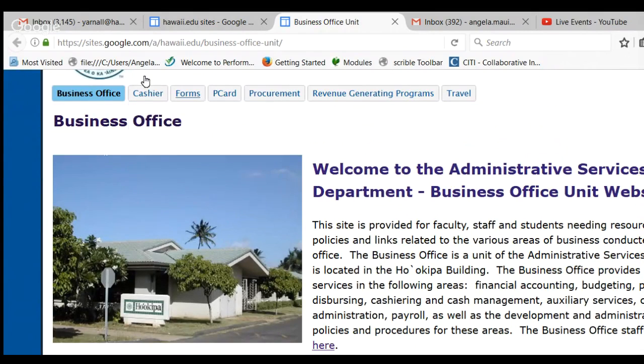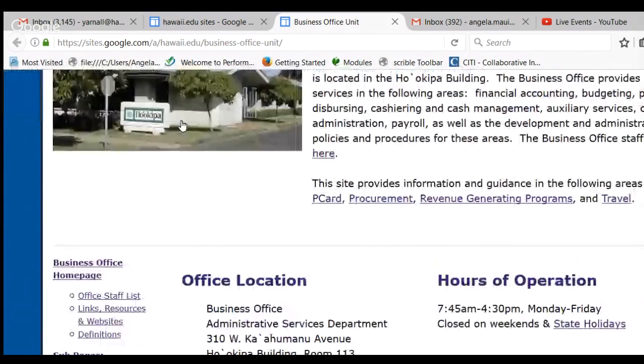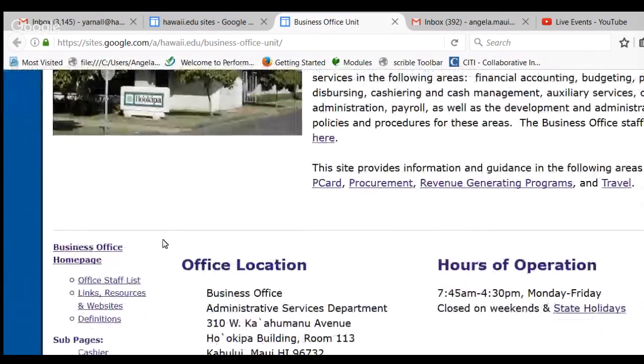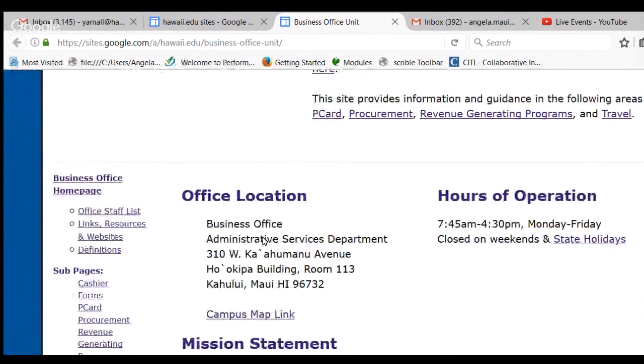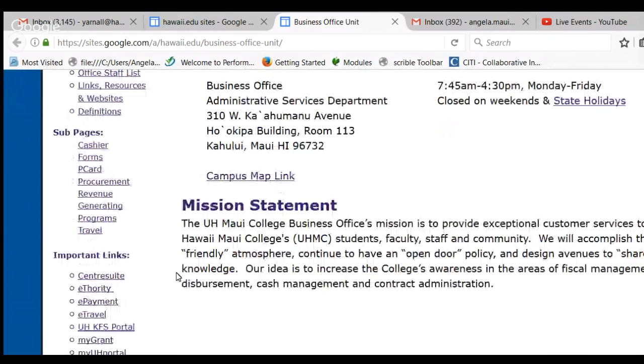As for the forms, would that be just for the business office? More than likely. Names, office staff. I'm guessing this one would be who works in the business office.